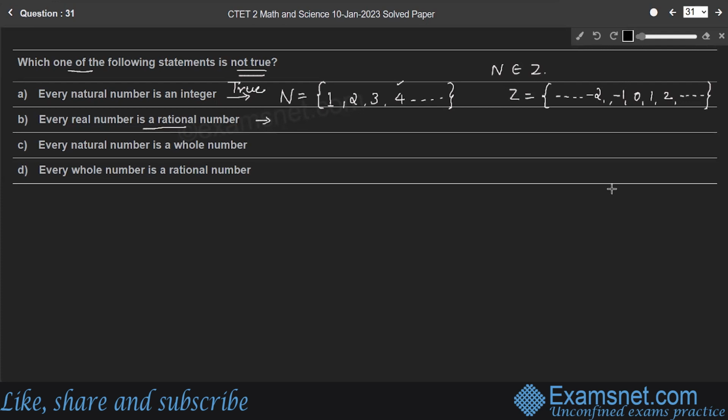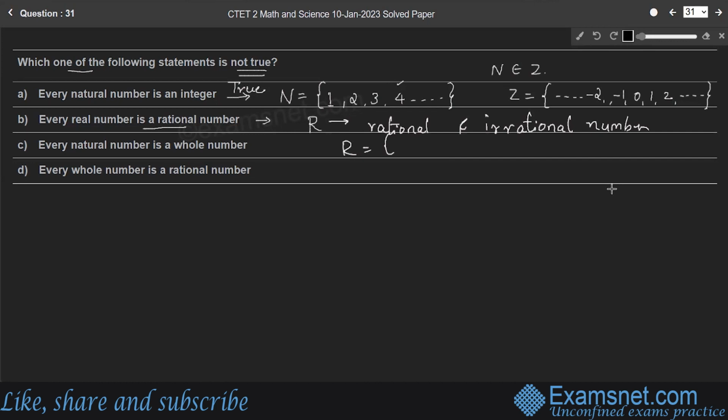So what is the set of real numbers? It is denoted with the symbol R, right? The set of real numbers is a collection of both rational and irrational numbers, right? So R contains both rational and irrational numbers. For example, we'll consider the set R, right?